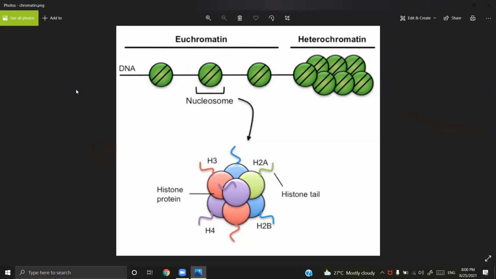And the linker DNA is subject to transcription as well as replication. In the heterochromatin, you can see that they are tightly packed and there is no visibility of the linker DNA which can undergo the enzymatic actions. This is your histone protein, which forms the octamer proteins with the tails, and these tails are also positively charged and subjected to what? The enzymatic actions and the epigenetics.